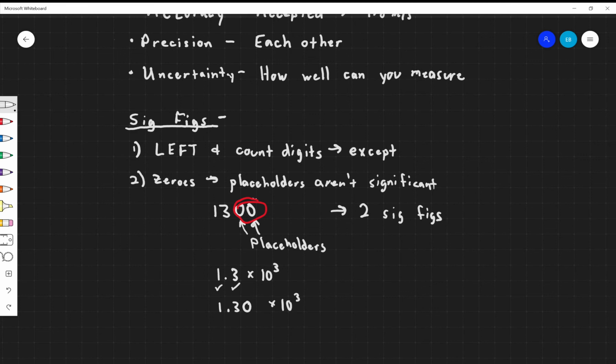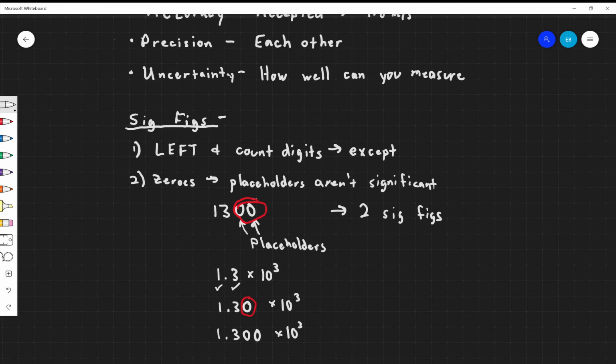Okay. So this 0, it's not a placeholder, right? There's nothing in between. It's not holding the space between two other numbers. This 0 is significant. If I wanted 4 sig figs, I could write it 1.300 times 10 to the third.